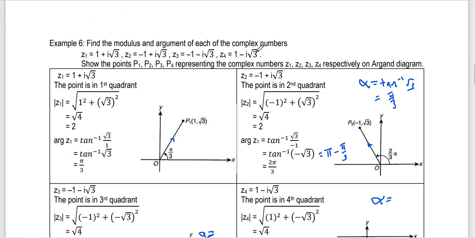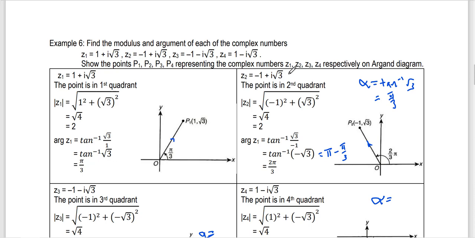For this second quadrant, Z2, if the complex number is in the second quadrant, every time they ask you to find the modulus and argument, the first thing you need to find out is the position of this complex number.